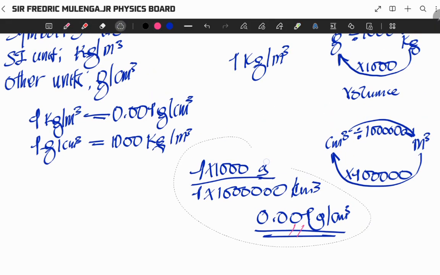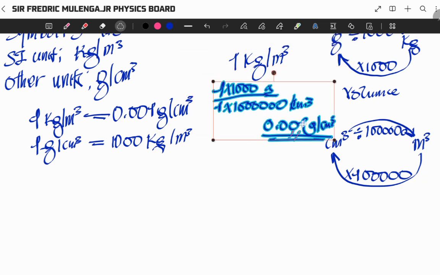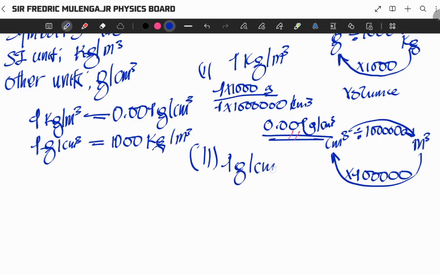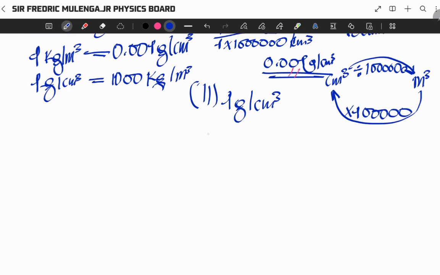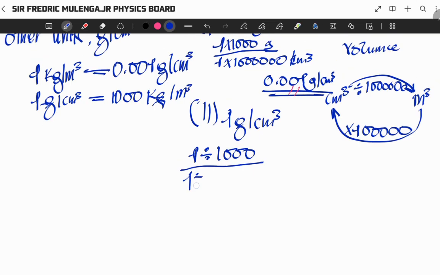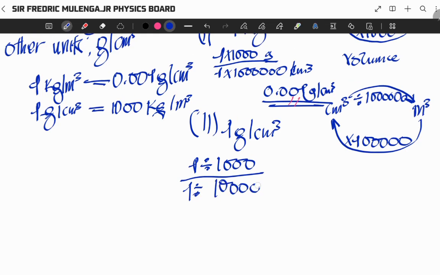What if we have 1 gram per centimeter cubic, and we want to convert this into kilogram per meter cubic? 1 gram to kilogram, we divide by 1000, over 1 centimeter cubic taking it into meter cubic, we divide by the conversion factor 1 million.